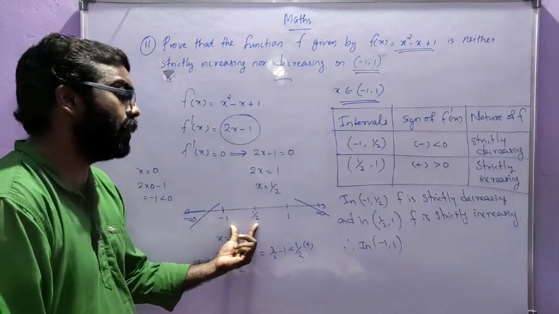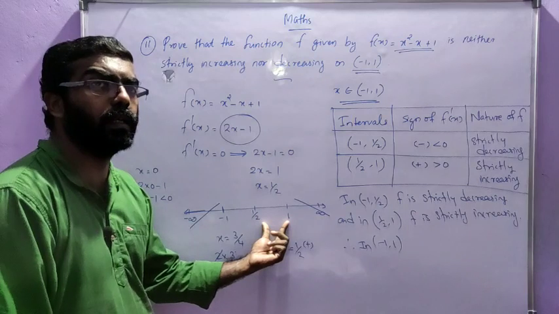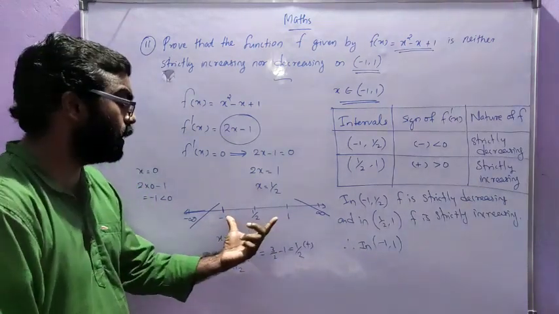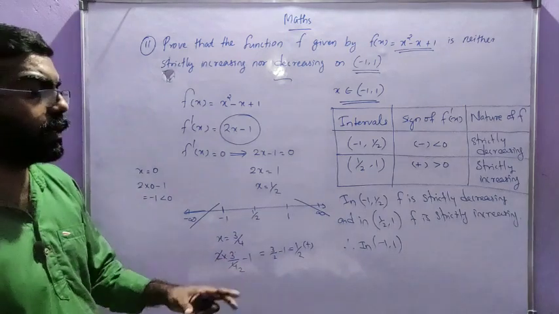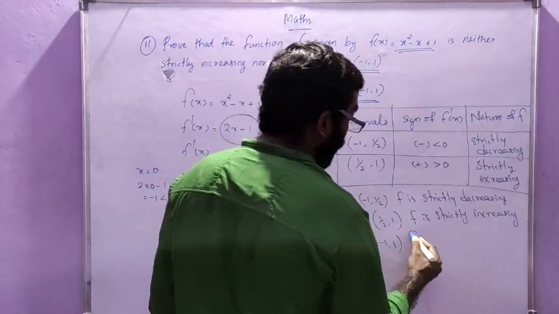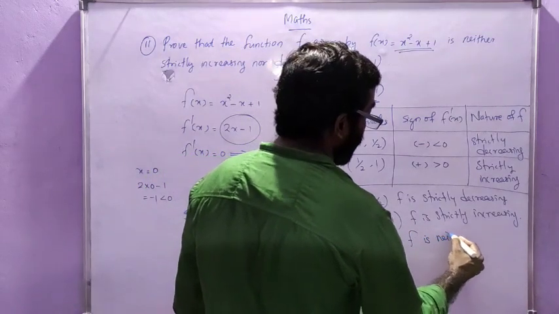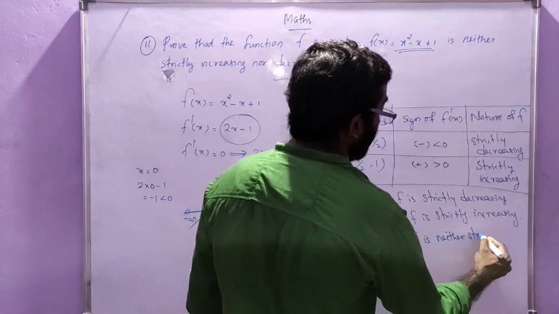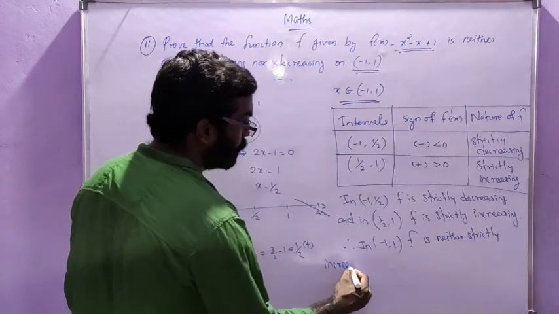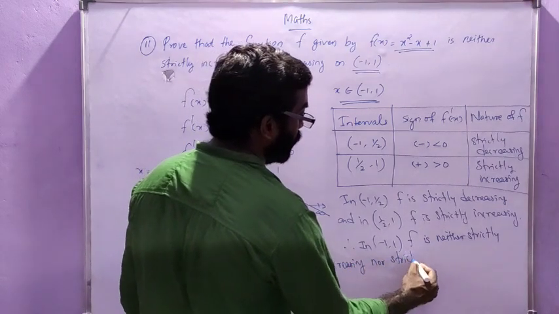In minus 1 comma 1 by 2 f is decreasing and 1 by 2 comma 1 f is increasing. So overall we cannot say the function is increasing or decreasing in minus 1 comma 1. So we can conclude in minus 1 comma 1 f is neither strictly increasing nor strictly decreasing.